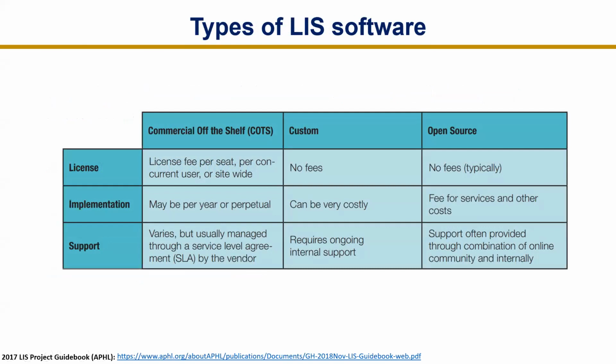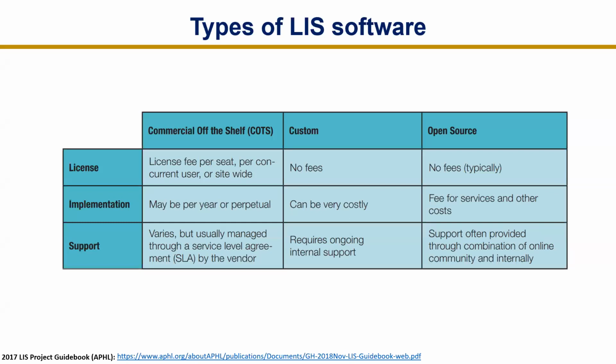So there are different types of software, and I'm sure those of you who already have LIS know this because you've gone through this. But for those of you who are planning to bring in LIS, depending on your needs and budgets, it could be commercial off the shelf, which is ready to go, customized, or open source.